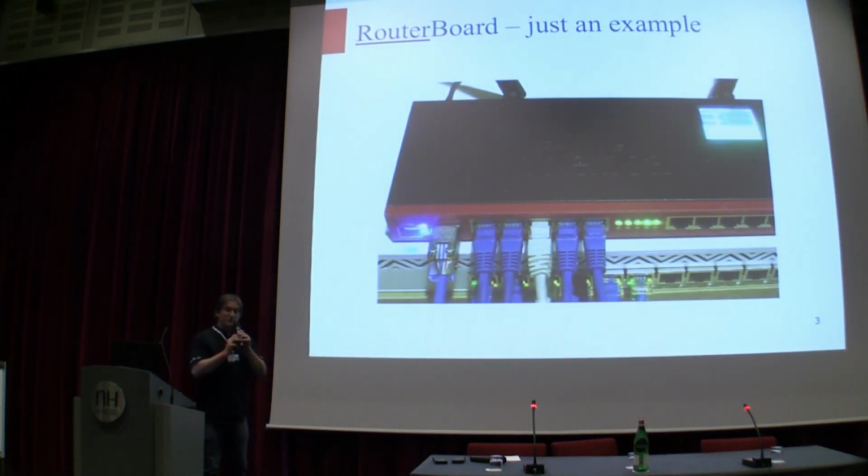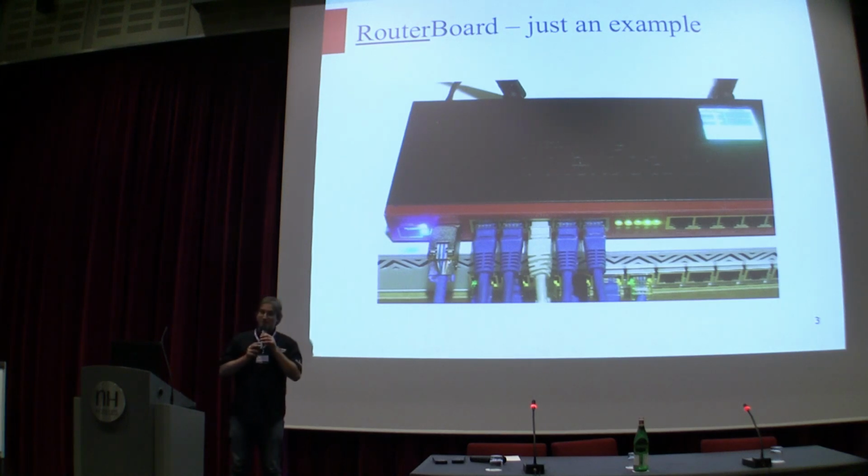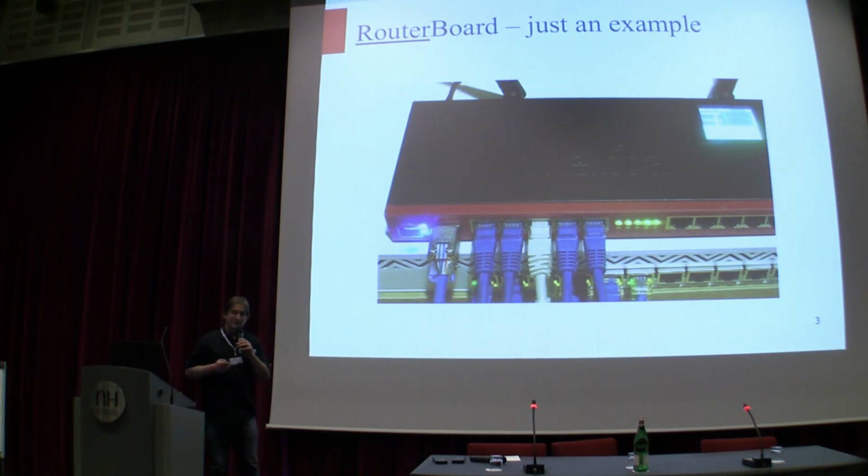This is just an example of a router board. This is RB2011. We have some Ethernet ports, some gigabit ports, some 100 megabit ports, an SFP port, and there is the underlying word router, because it's a RouterBOARD, and it is mainly designed to be a router.